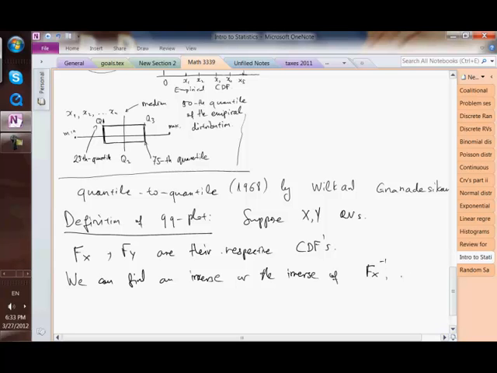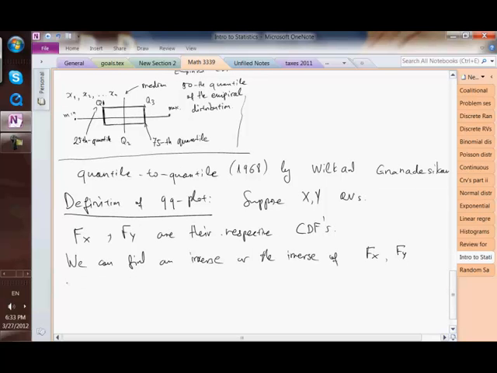These CDFs are non-decreasing functions, but here we assume, in theory, that they are strictly increasing, and if they are strictly increasing, then they are injective functions. We can find their inverses.